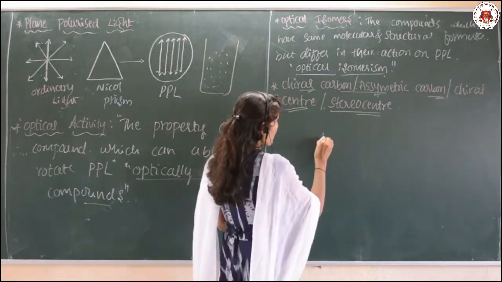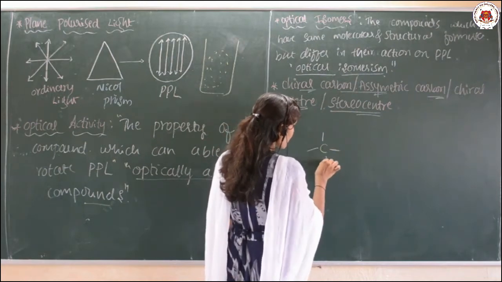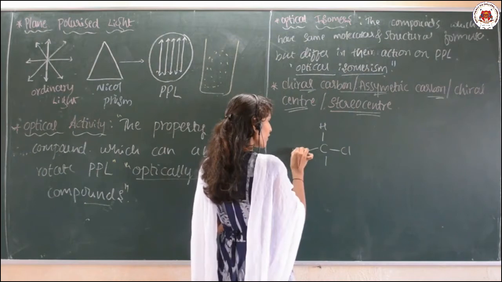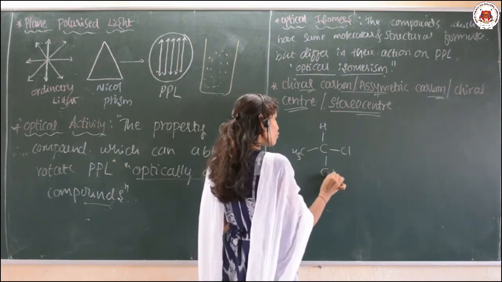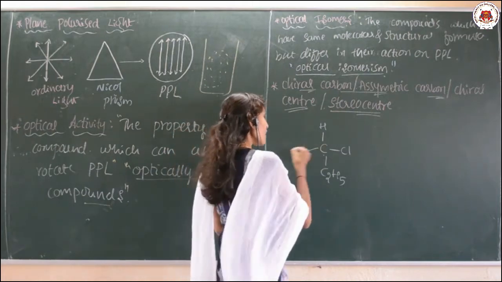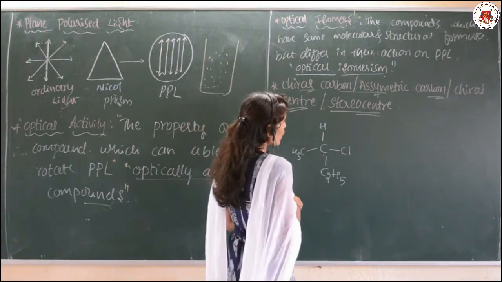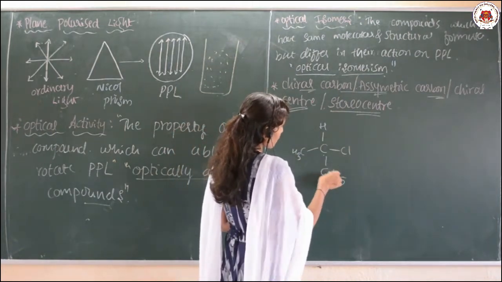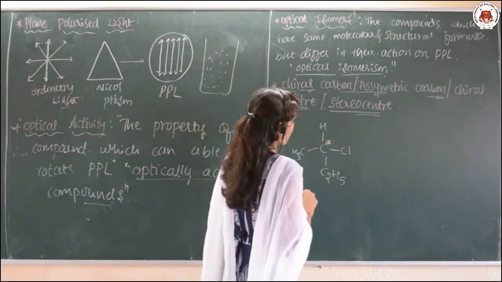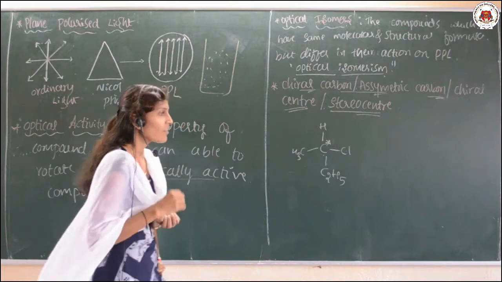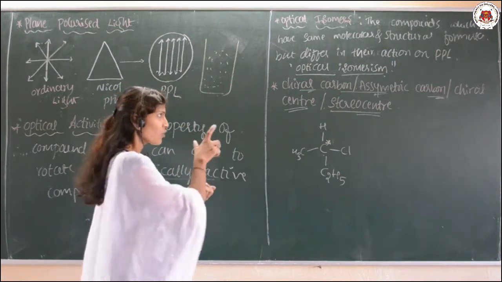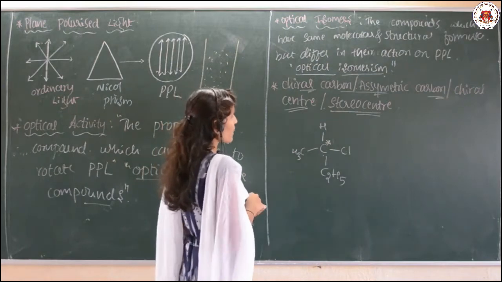Let me take this is H, this is Cl, this is CH3 and this is C2H5. If the carbon is bonded with 4 different groups, that carbon is said to be a chiral carbon, which is represented by a star mark.